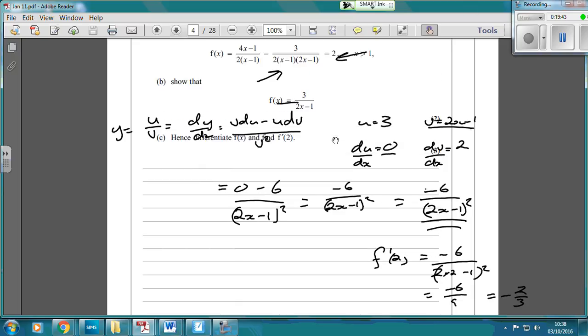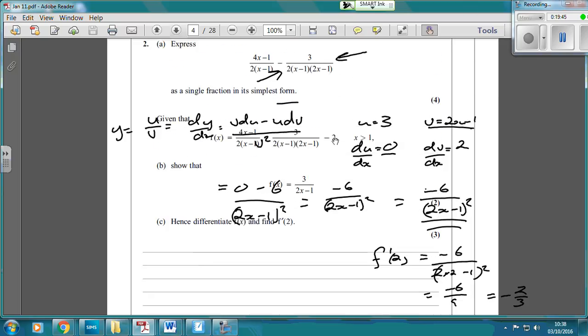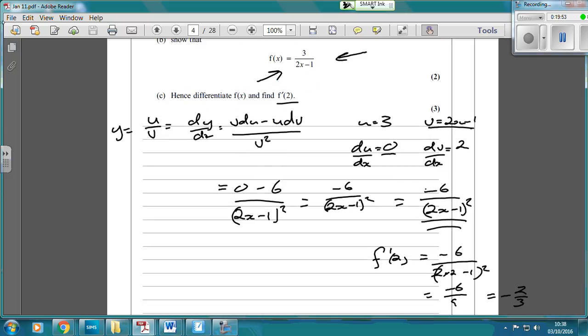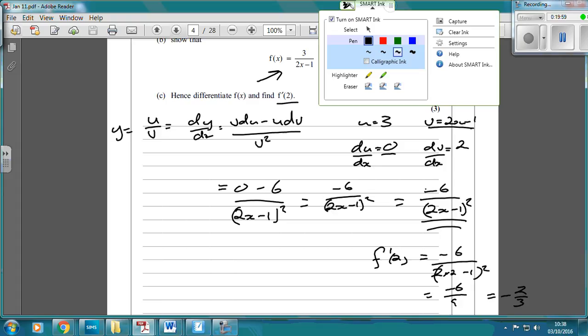And hopefully you should be able to do part A and part B comfortably, and potentially part C if you are happy using the chain rule when you've got stuff underneath. But like I say, you're going to be using the quotient rule in one of your next lessons, so you should be able to do that in 2 separate ways.